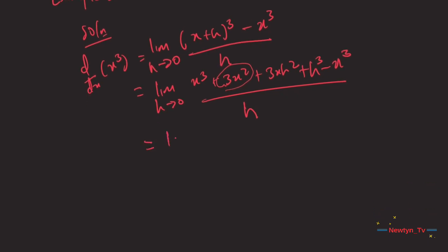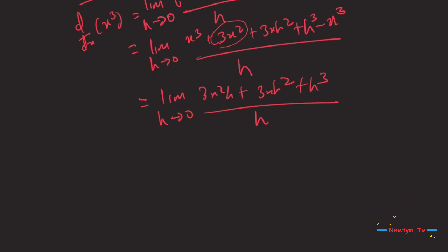So here we have the limit as h approaches 0 of (3x^2 h + 3xh^2 + h^3) over h. Then we remove the common factor, that's what we did.